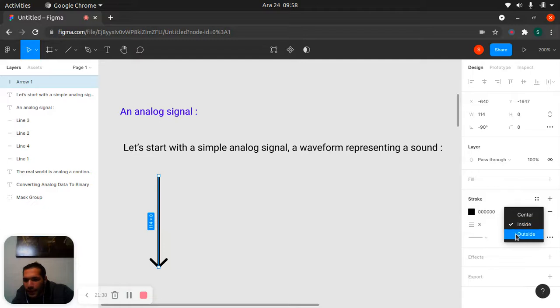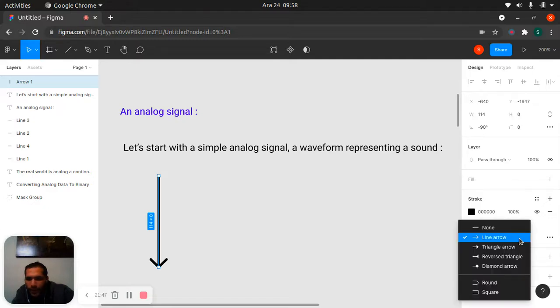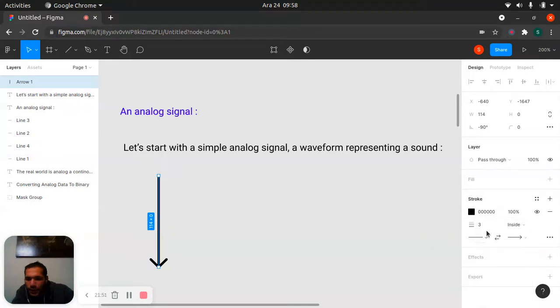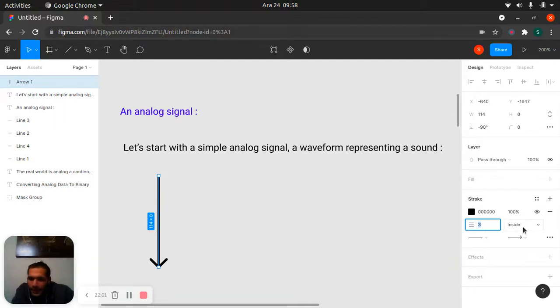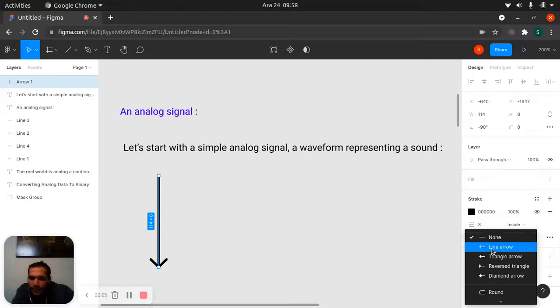Let's say inside, outside. Let's say inside. Something like that, but also this place.